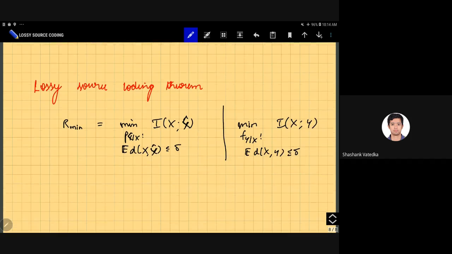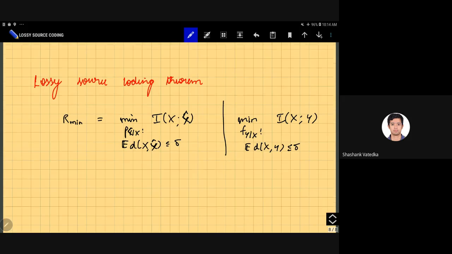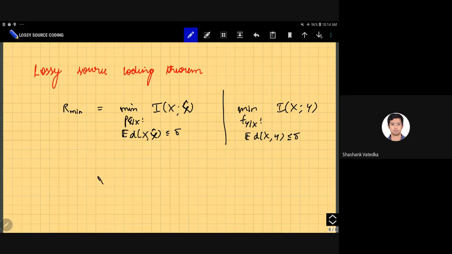So although this doesn't tell us how we're going to construct the quantizer, this expression has a rather intuitive interpretation, and the intuition is the following. You're given a random variable x, and your goal is to construct a quantizer and a reconstruction algorithm, which gives you an x hat, right?